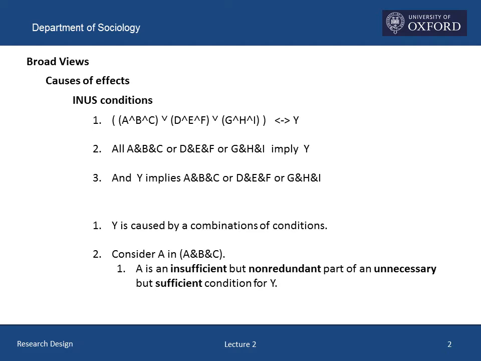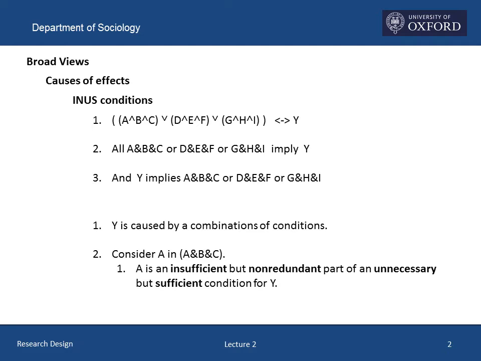It's also the case that if we observe that Y has occurred, we know that either A and B and C, or D and E and F, or G and H and I, or in fact any combination of the three sets of causal factors, has occurred.